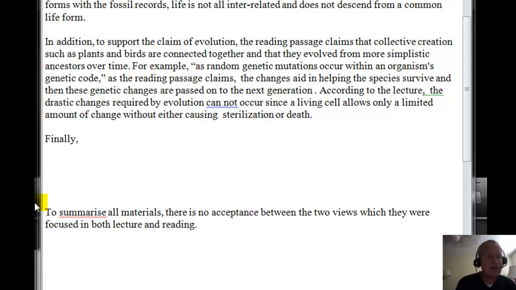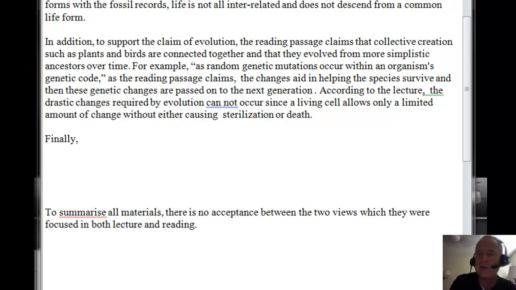See, there's a lot of ideas. There's too many ideas in the lecture. And there's about 3 or 4 different claims being made in the reading passage, but according to the lecture, there's probably 11 different ideas which contradict the ideas in the reading, but because you only have 20 minutes to write this, you shouldn't try to talk about all of them.